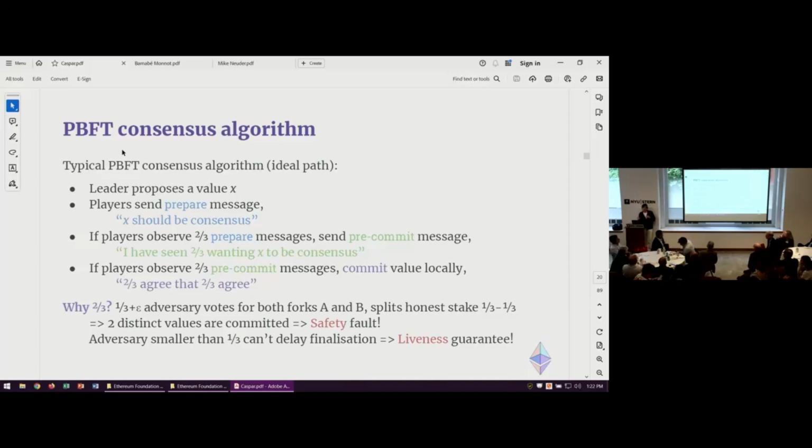Now, somehow, this adversary needs to convince half of the honest consensus participants to vote for block A and the other half for block B. Because the adversary is 1/3, the 2/3 split in half gives you 1/3 voting for A and 1/3 voting for B, which means both blocks A and B meet this 2/3 threshold, and both blocks would be considered final.